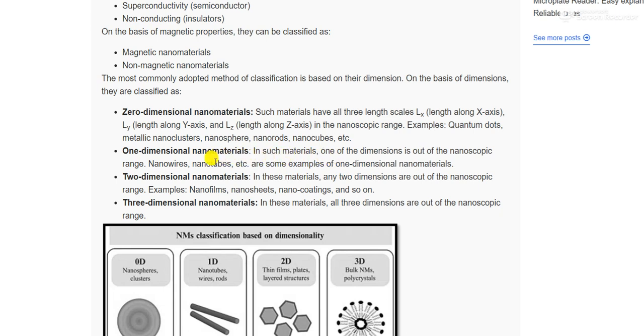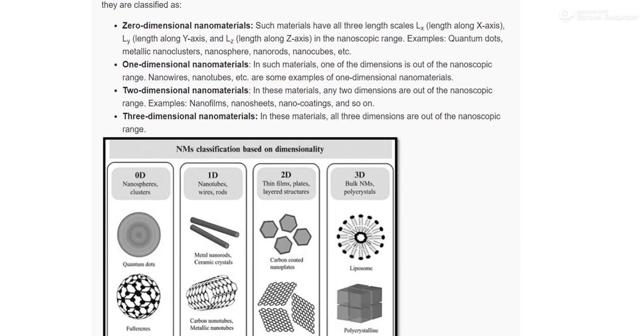You can see the structure of a nanotube here. So this is a 1 dimensional nanomaterial. Here the length scale of 1 dimension is greater than 100 nanometer, but the other 2 dimensions will be within 100 nanometer.